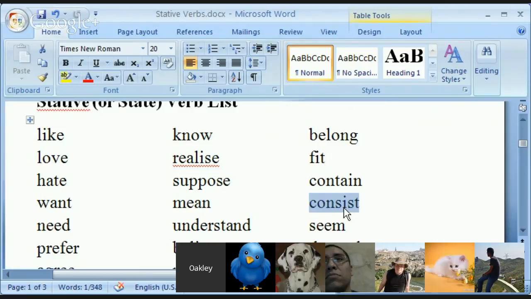Maybe. That's another tough one. Have you heard it? I think this can only be stative. I think your initial idea was correct. It was consisting of. It consisted of.